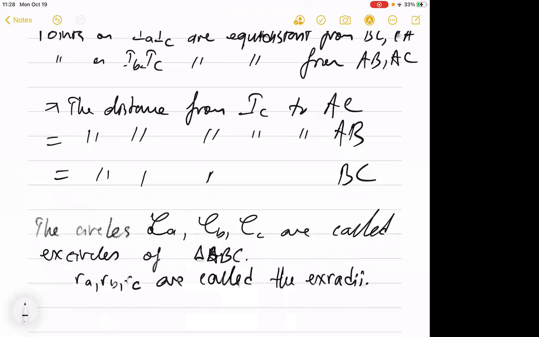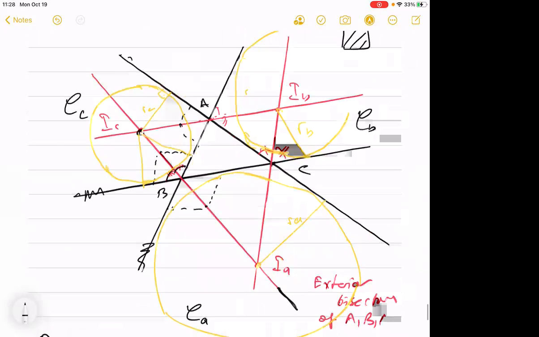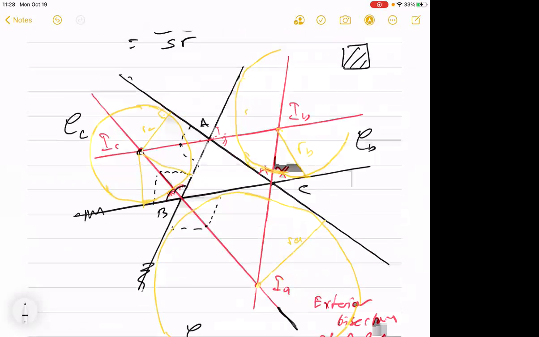Okay, one more observation is that if you look at this point IB, its distance from BC to AB are the same, right? So this length is the same thing as that length, which I did not draw very carefully.